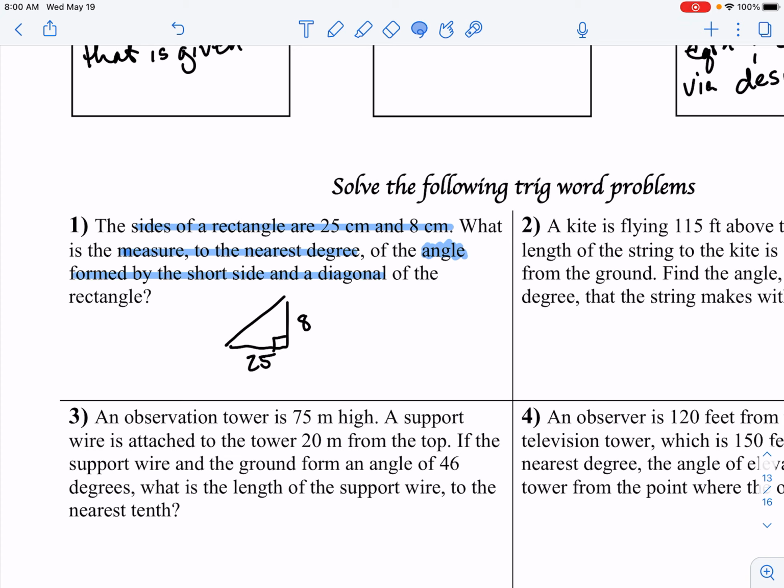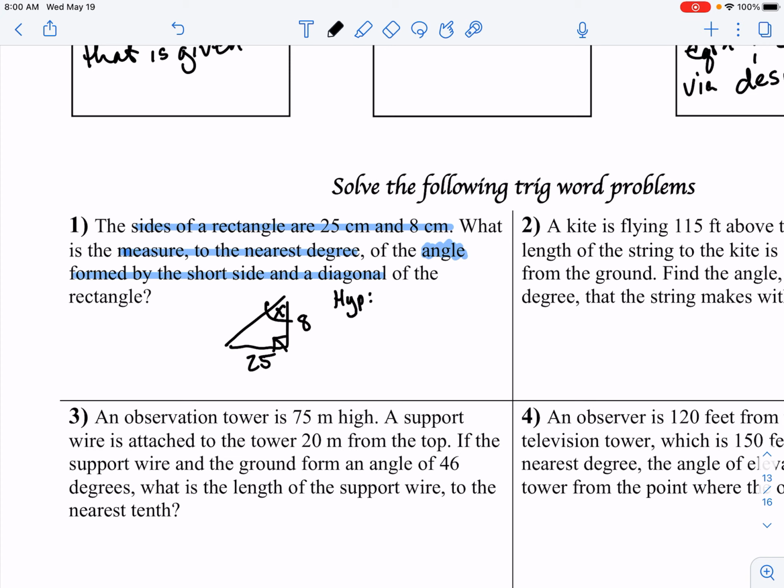Now, what I'm actually solving for this time is an angle formed by the short side and a diagonal of the rectangle. So the short side is 8, and the diagonal, so I'll actually want theta or x. All right, so now I'm into labeling my triangle.